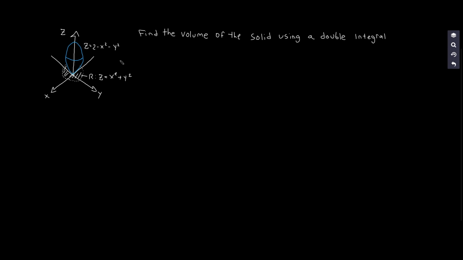The z on top is z equals 2 minus x squared minus y squared. We're going to use our transformations to change this.